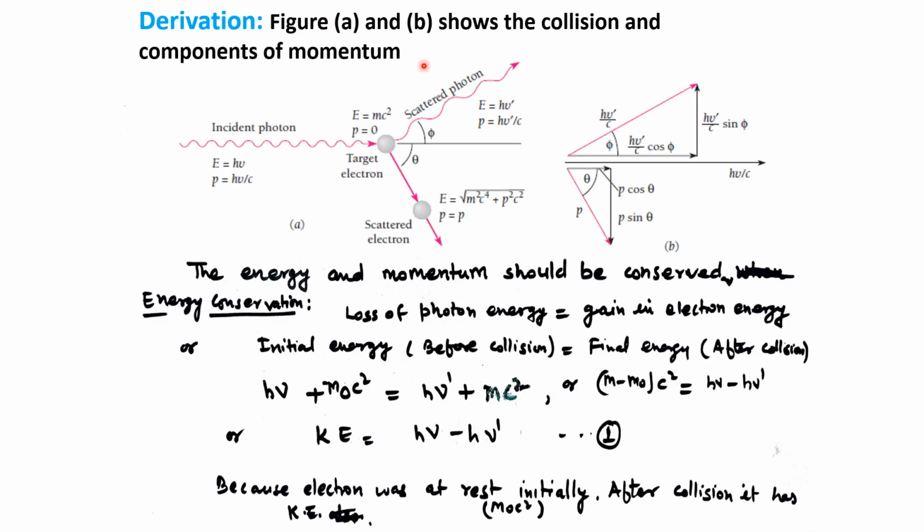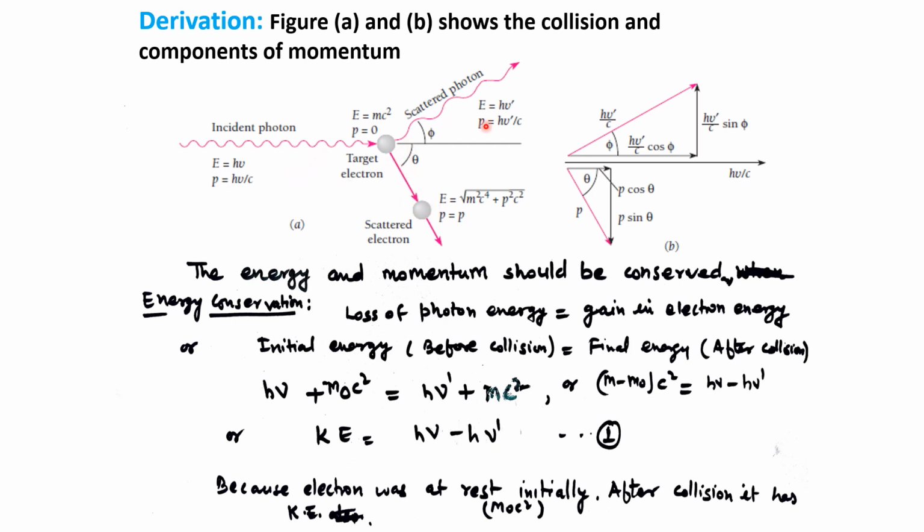This is the derivation. Here we see that the incident photon interacts with the electron which was at rest initially, and the scattered photon goes in a direction at angle φ, and the scattered or recoiled electron is at angle θ.